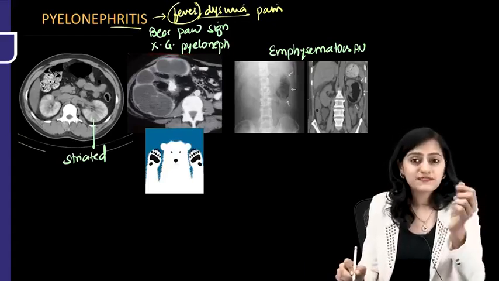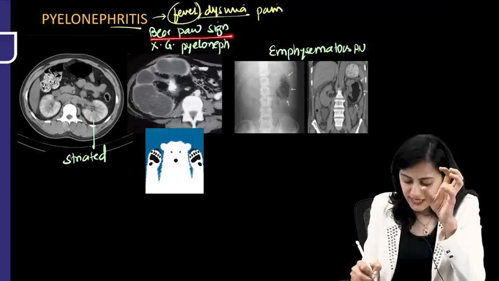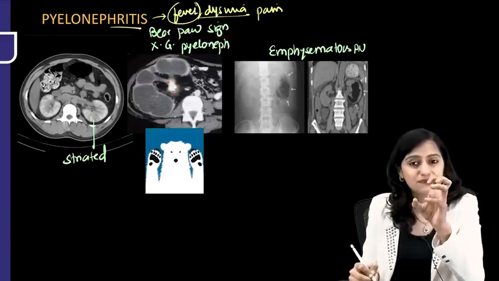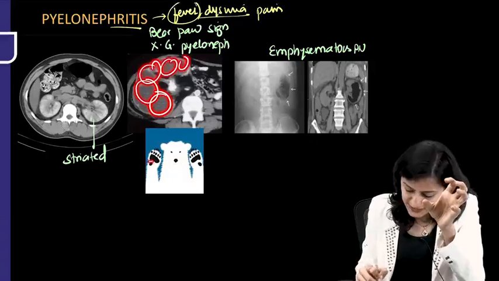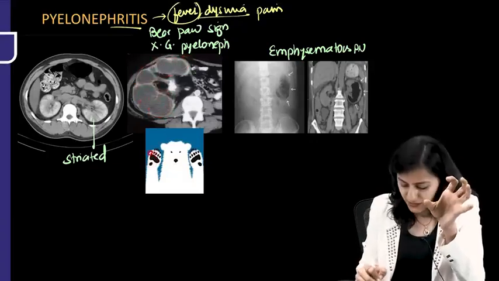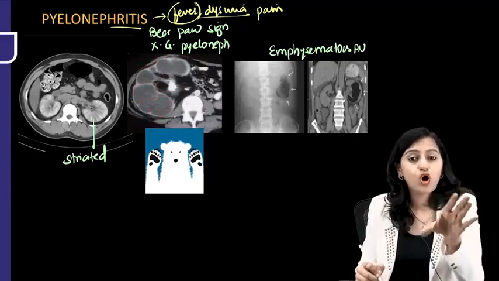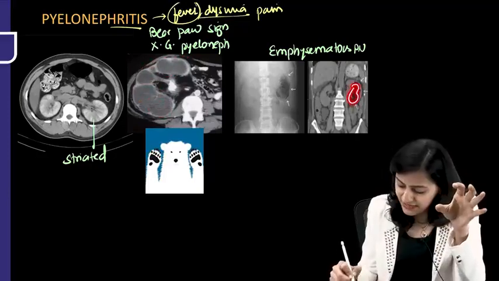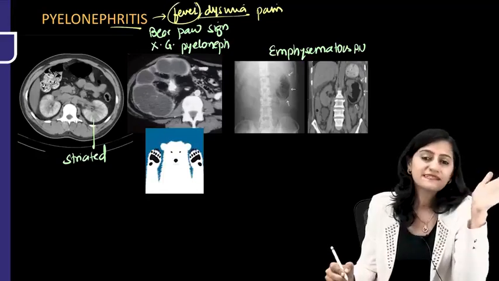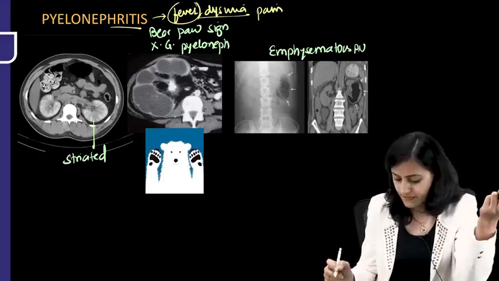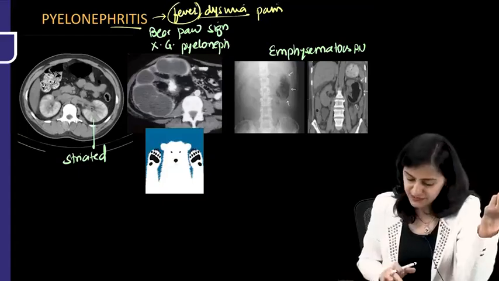Xanthogranulomatous pyelonephritis has this bear paw sign, where you get the contracted pelvis with the stone within and the dilated calyces. And when you have air in the kidney, that is emphysematous pyelonephritis, like emphysematous cholecystitis. Okay, so these are various pyelonephritis.